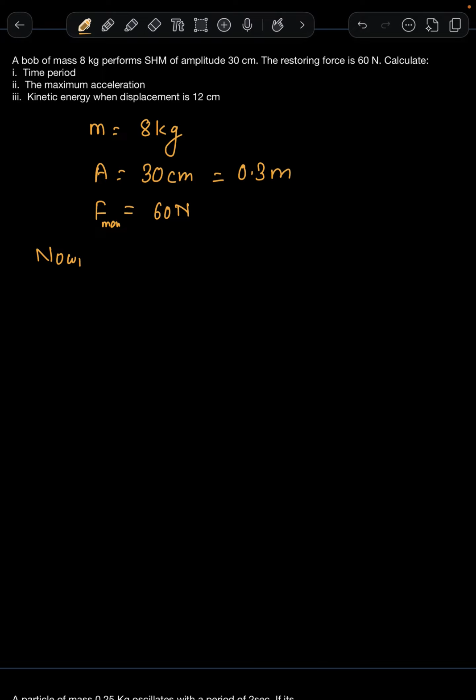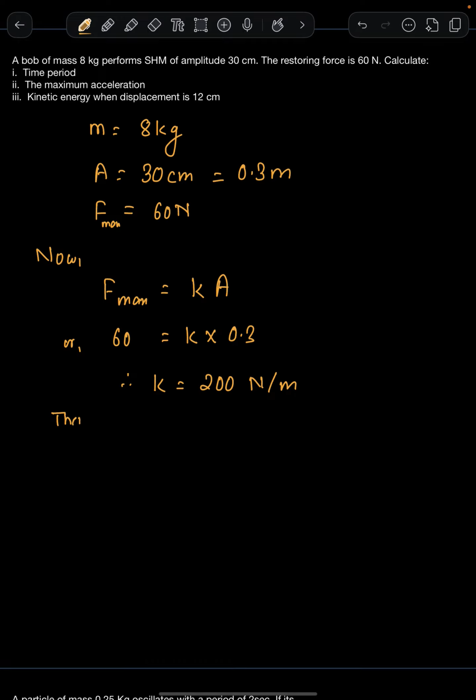First we need to calculate the force constant. So maximum force is given as force constant into amplitude. 60 is equal to force constant into 0.3. This gives force constant as 200 Newton per meter. Now time period is calculated as 2 pi root under m by k.